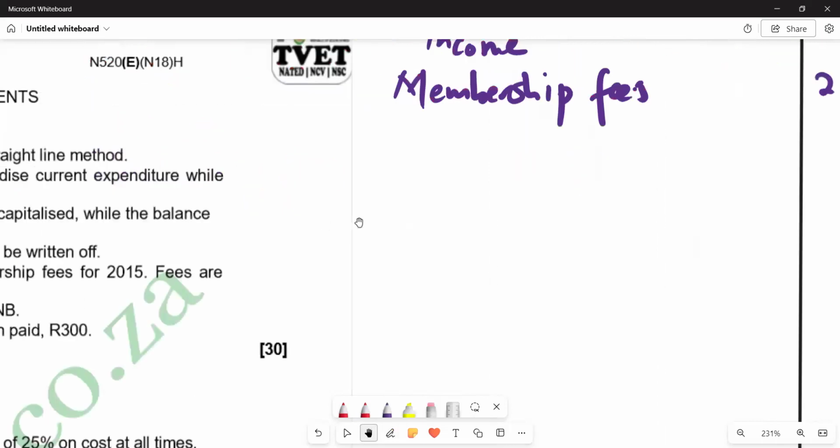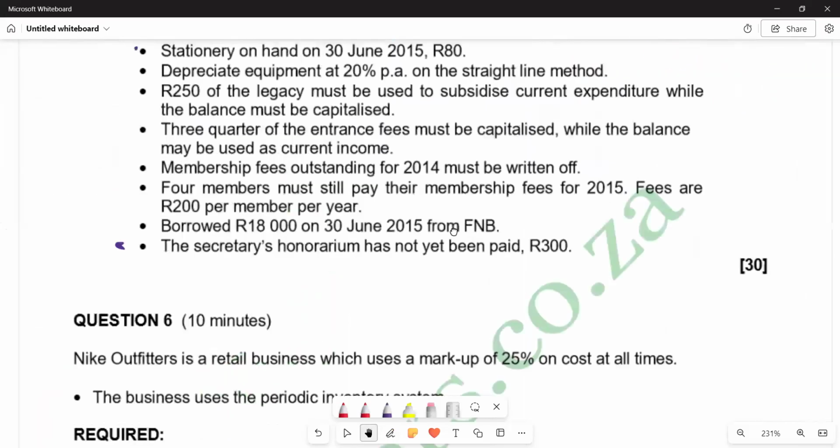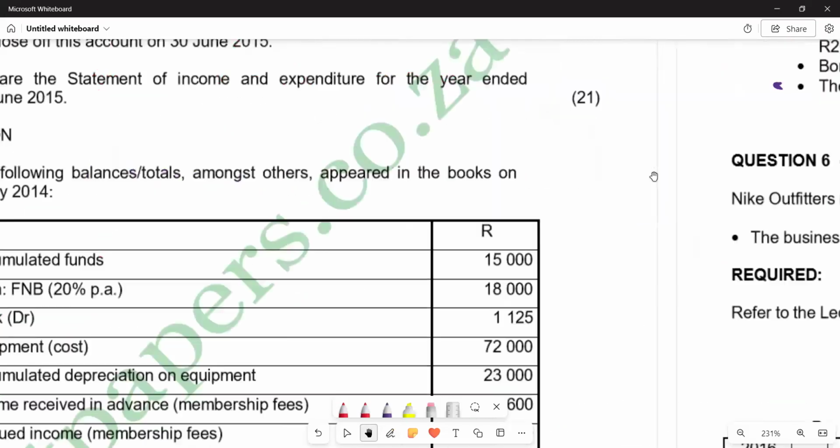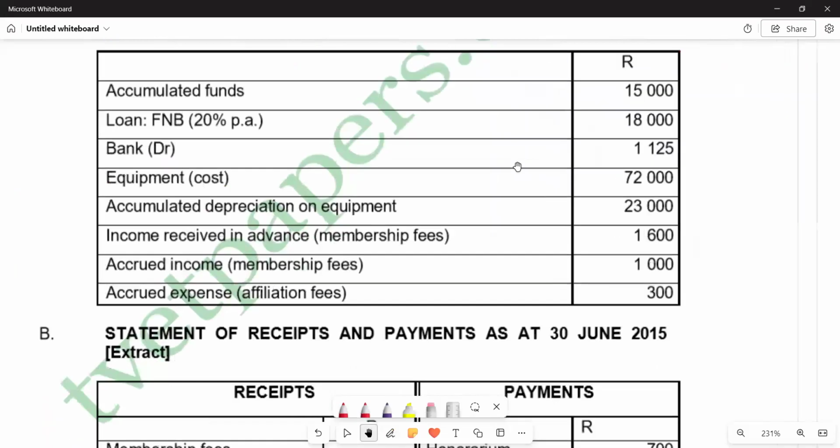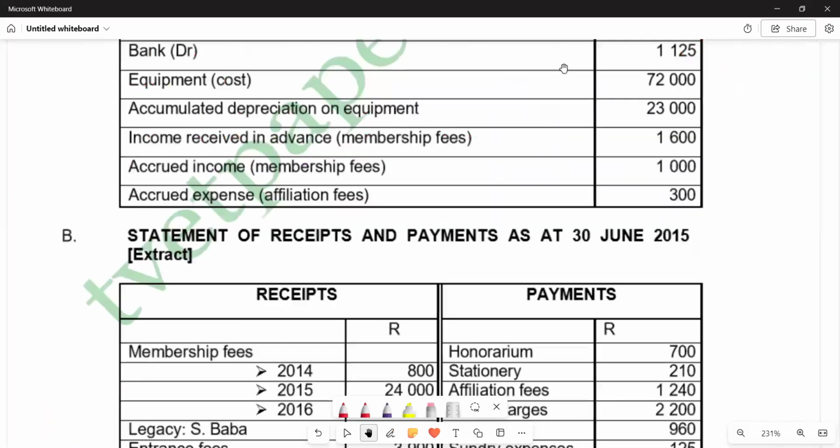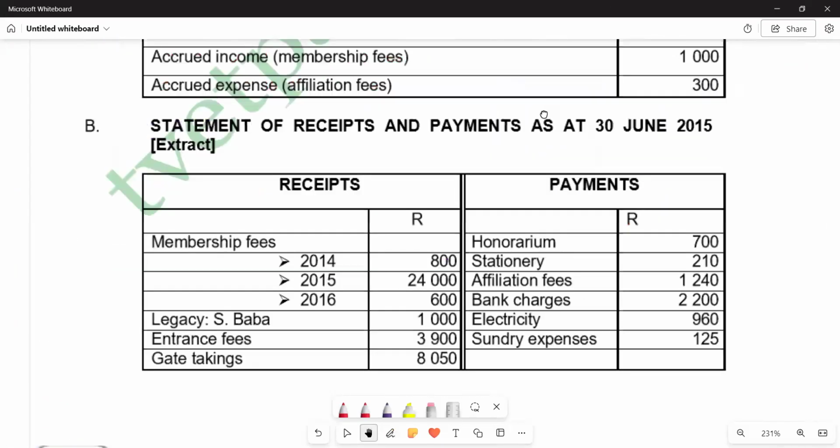Then we go to the question to check other incomes. Other incomes we can get on the debit side of the receipts and payments account, otherwise seen as other receipts. So we come here to check other incomes that we can include. You'll see that we have legacy, which is 1,000. But we don't have to enter this figure as it is under income. We have to go to the additional information to see any adjustments affecting the legacy.